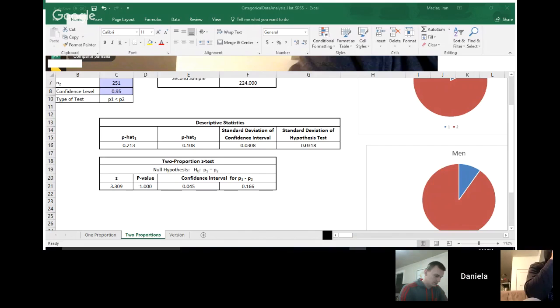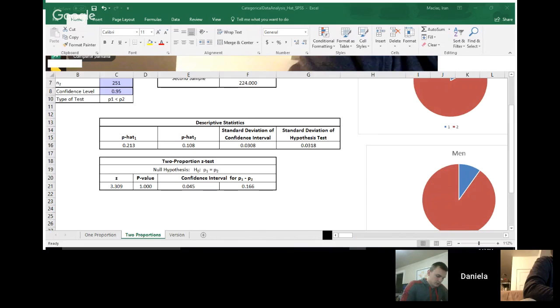That's 0.00101, and then the square root of that. And then it's 0.213 minus 0.107. Oh man, I've got to make sure I have that one right. 0.213 minus 7 over 251.